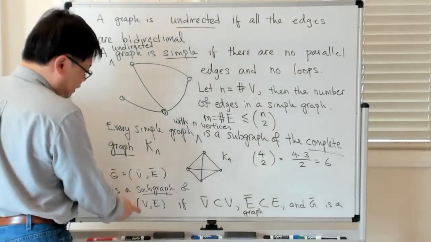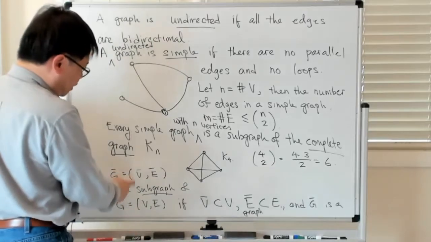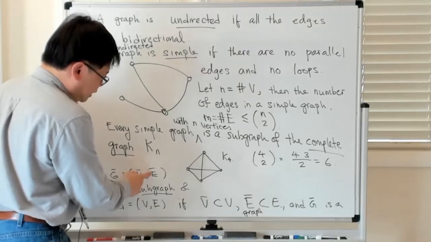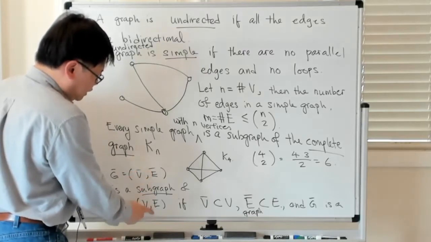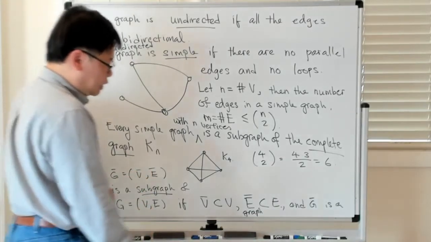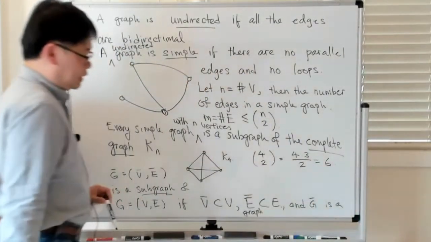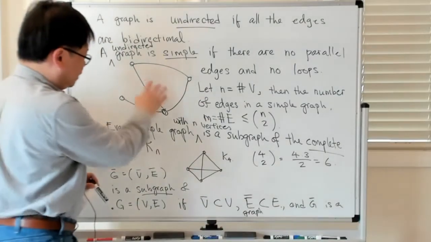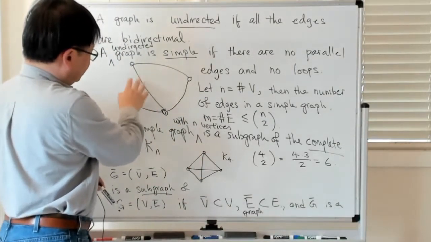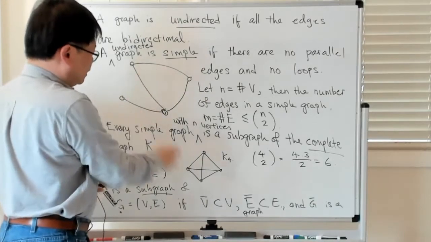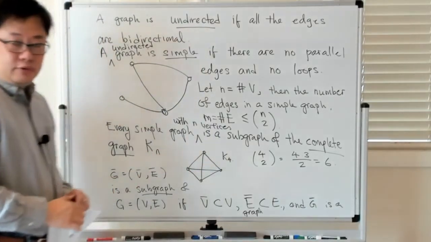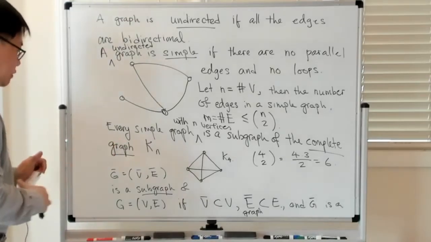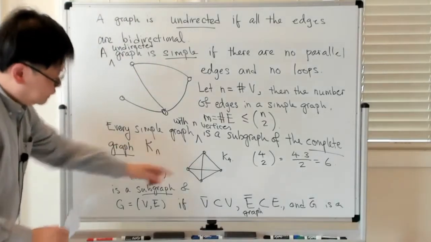V and V bar are the same, and the only difference is that the edge sets are subsets. The graph condition automatically holds because you have all the vertices in both cases. So it's easy to convince yourself that all the edges here are represented in the complete graph with n vertices. So that's a subgraph of this K4 graph.